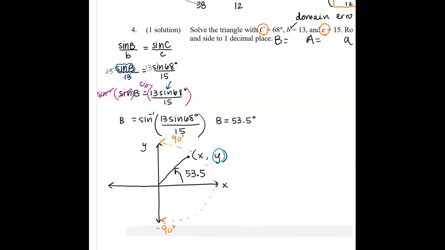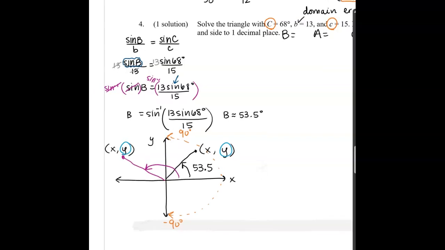So we have to remember, well, what sine inverse is not going to look for in the calculator is this angle over here. That would also have the same y-coordinate that we asked the calculator to look for. Well, how could we find that purple angle? Looking at the picture, we know that there's symmetry in here.